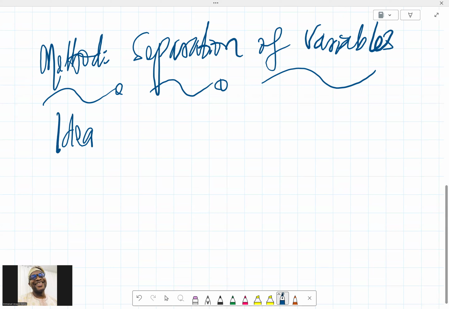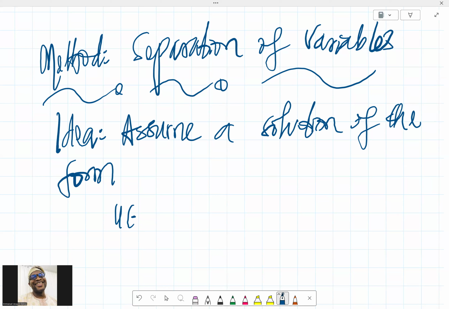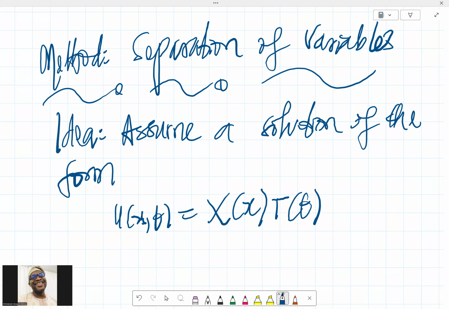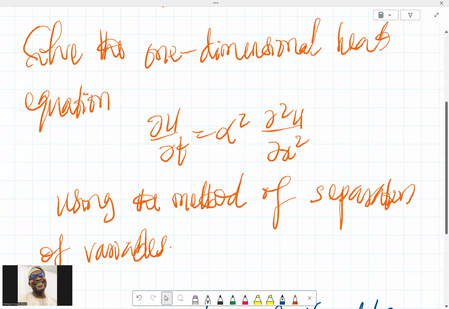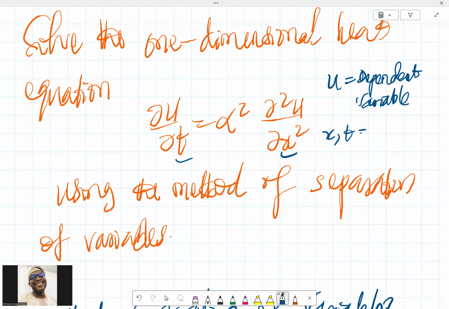The idea is to assume a solution of the form u of x comma t equals X of x multiplied by T of t. So u is the dependent variable, and x for space and t for time are the independent variables.